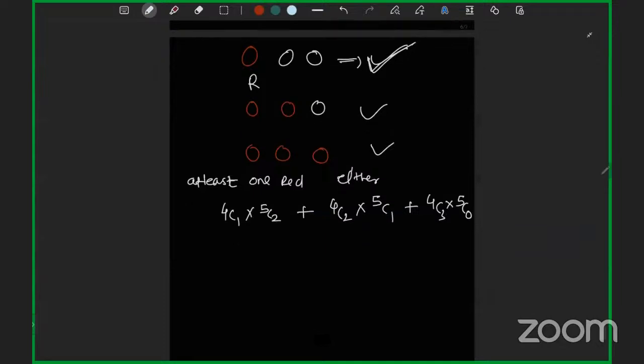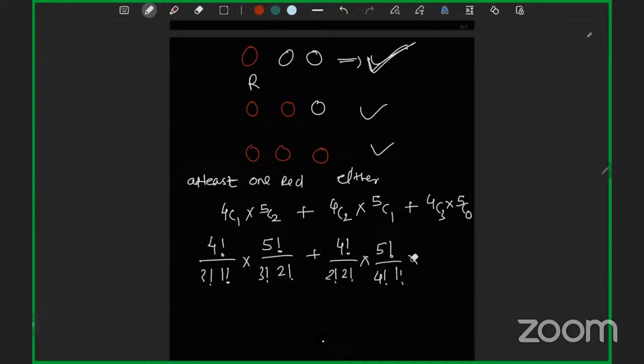So these three cases, if I add them up, it will be 4 factorial over (4 minus 1) factorial, which is 3 factorial into 1 factorial, times 5 factorial over (5 minus 2) factorial, 3 factorial into 2 factorial, plus 4 factorial over 2 factorial, 2 factorial, times 5 factorial over (5 minus 1) factorial, 4 factorial into 1, plus 4 factorial over (4 minus 3) factorial, 1 factorial, 3 factorial, times 5 factorial over (5 minus 5), which is 0 factorial, 5 factorial. So this case is 1.